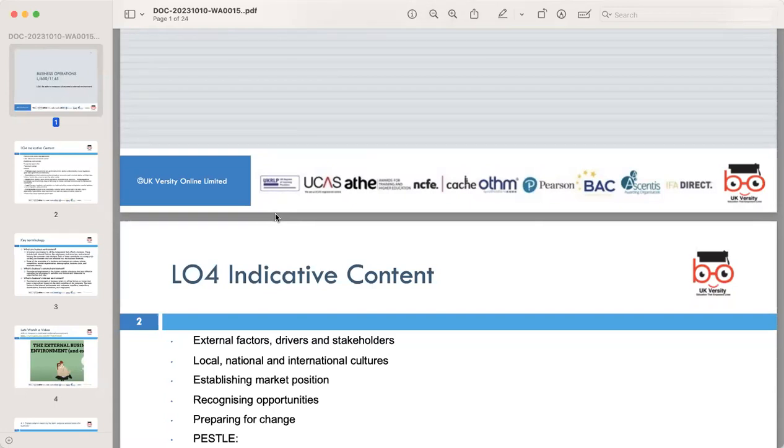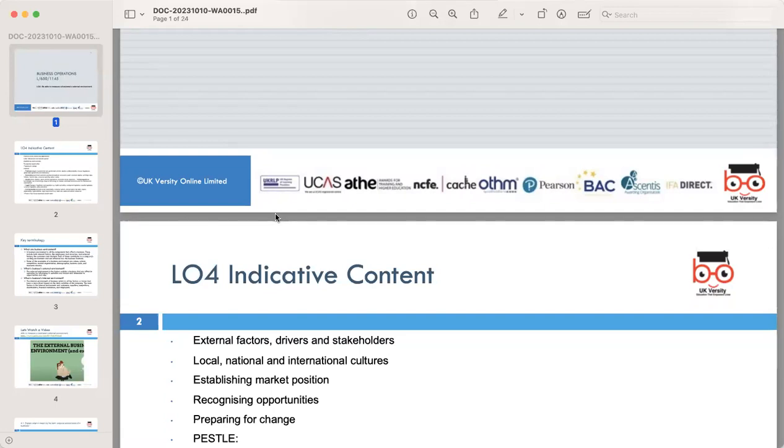We discussed the importance of examining the internal factors, functions, stakeholders, and organizational culture that significantly impact business operations. We also discussed establishing business capabilities, supporting strategic intent, and planning for the future.